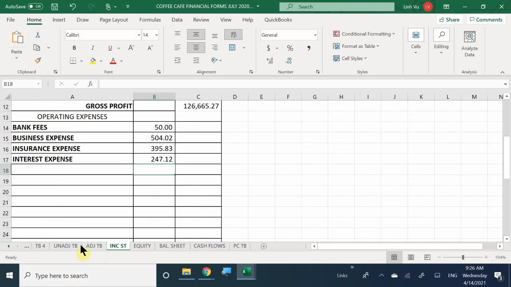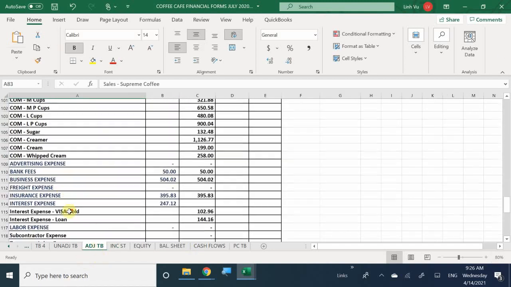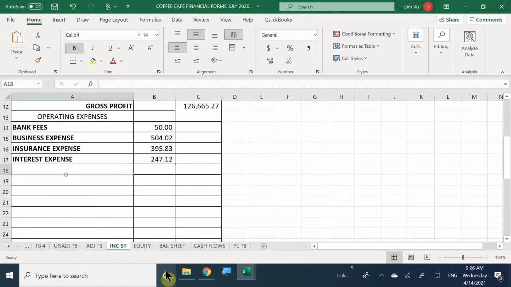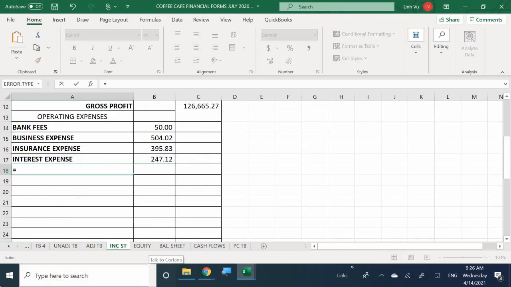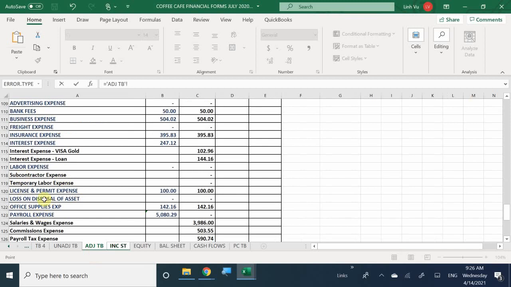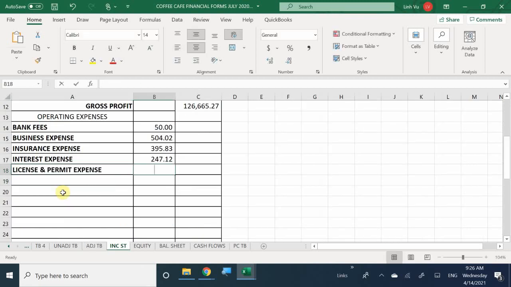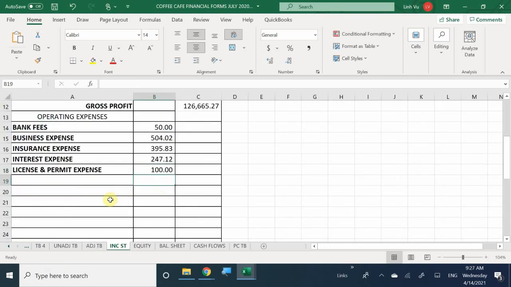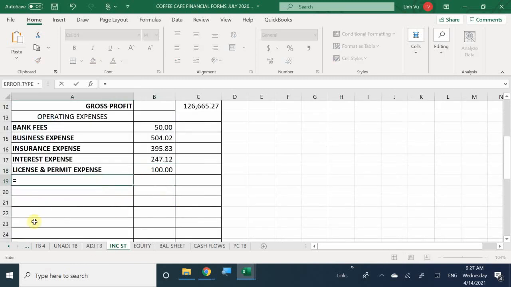Okay, let's see. What else do we have on here? License and permit expense. Okay, good. License and permit expense for 100. Okay. All right, what else is next?